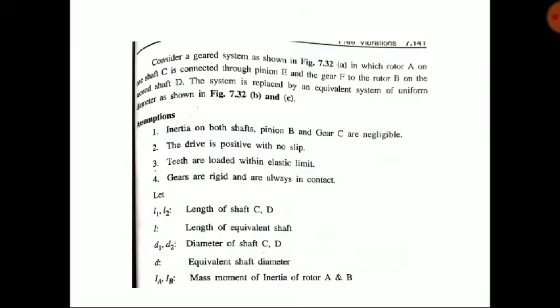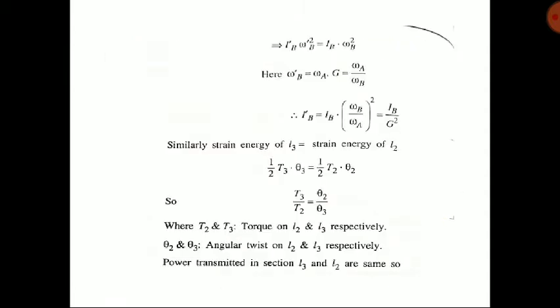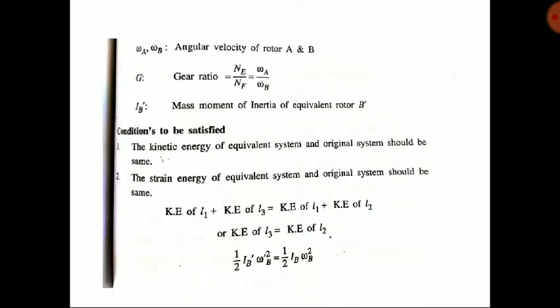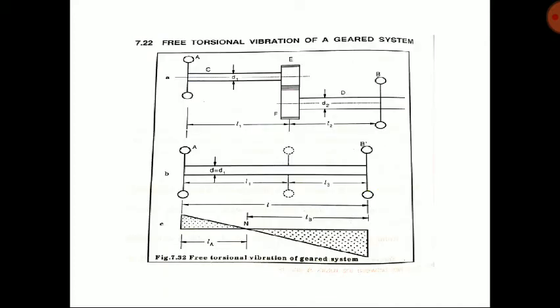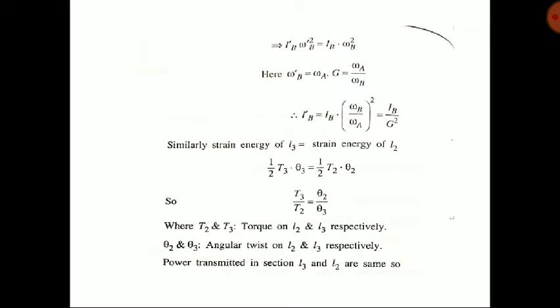Omega A. That is equivalent system. That is T3 into omega A, which is equal to T2 into omega B. That is, T2 means corresponding to B. That is omega B. So that is how you are getting T3 into omega A is equal to T2 into omega B. So T3 by T2 will be equal to omega B by omega A. That is 1 by G.